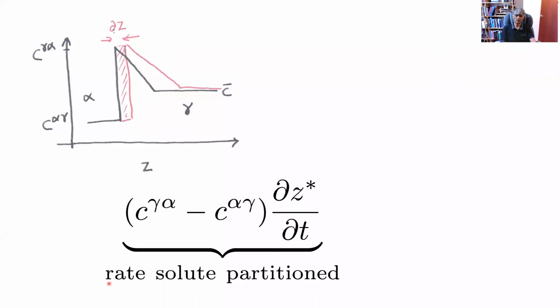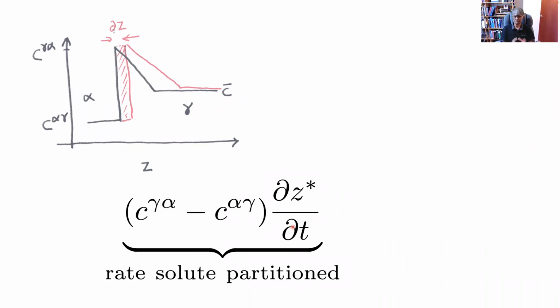Okay, so in any diffusion theory, you'll get a term like this, which is the rate of solute partitioned: the difference in concentrations at the interface multiplied by the increment in the thickness of the ferrite divided by the corresponding time increment. So this is the rate at which solute is partitioned. And if we want to maintain equilibrium at the interface, then that solute must be carried away from the interface by diffusion.